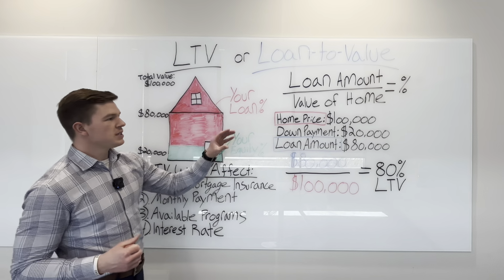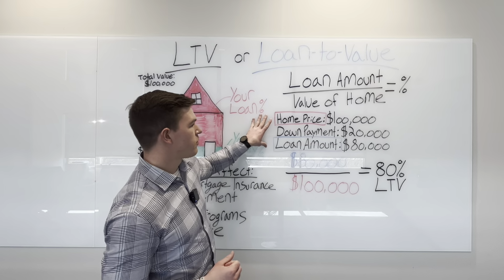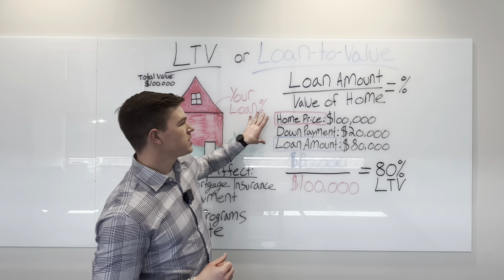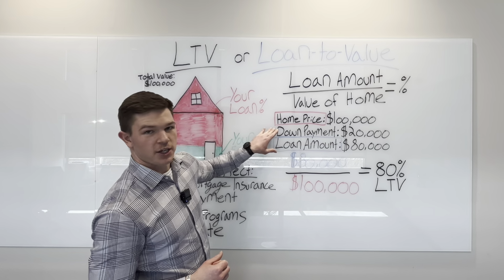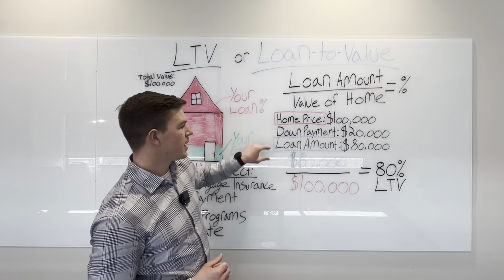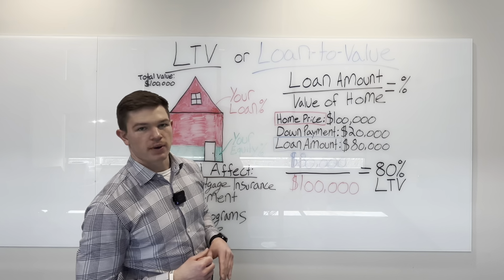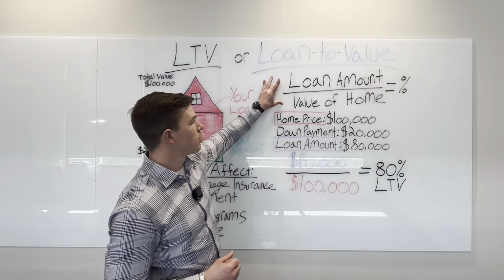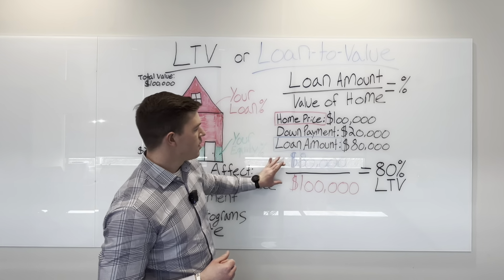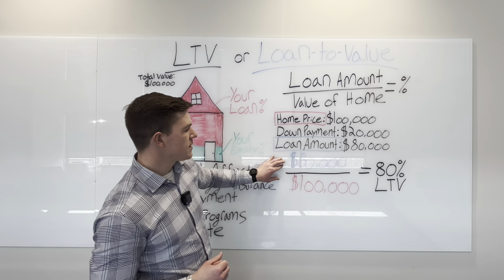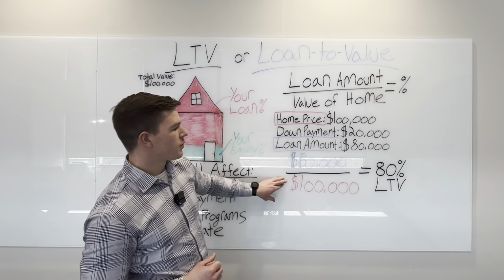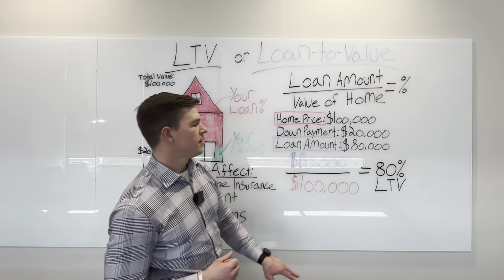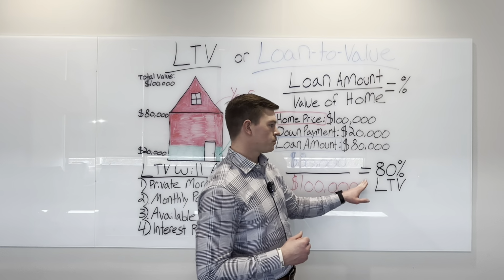So just putting the visual into number format, we've got the home price of $100,000. We've got your down payment of $20,000, and then we've got your loan amount of $80,000. And plugging those numbers into our first equation, we've got a loan amount of $80,000 divided by $100,000, because that's what the home is valued at, and that's going to equal 80%.